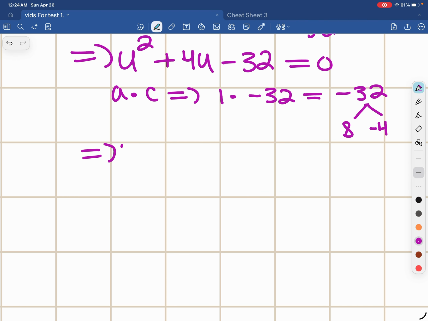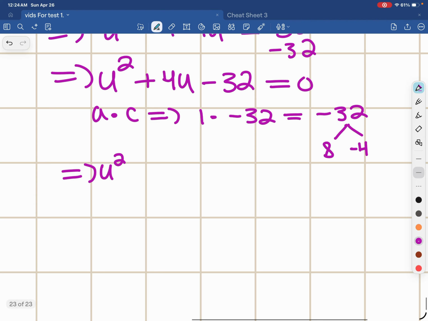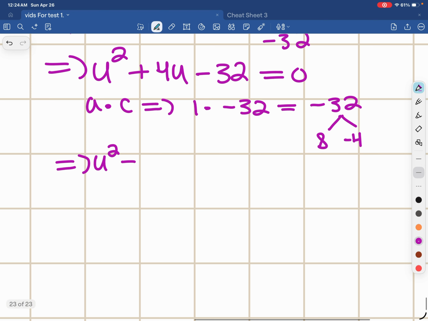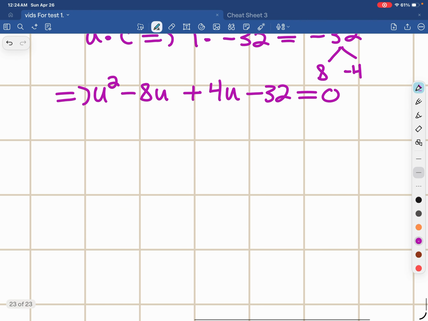We're going to write u squared minus 8u plus 4u minus 32 equals 0. Nice. So now we're just factoring like normal, right? So here we could take out a u, and we should end up with u minus 8.